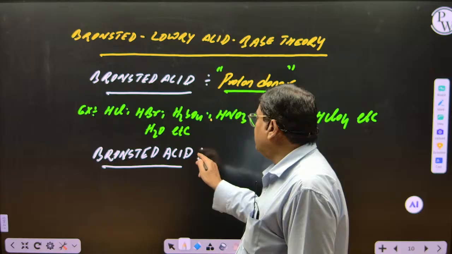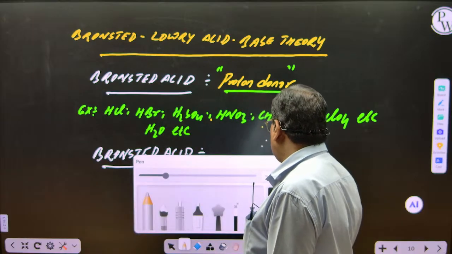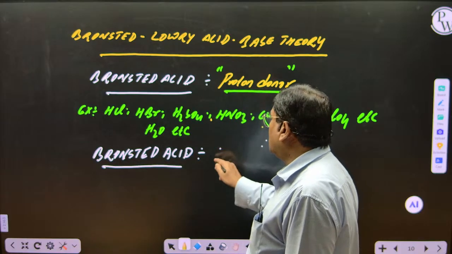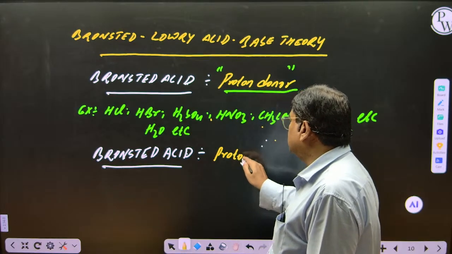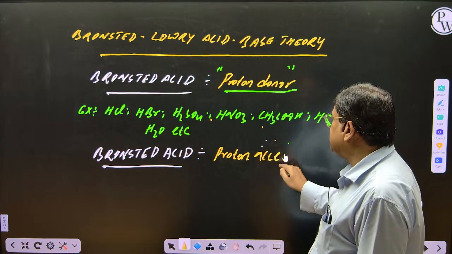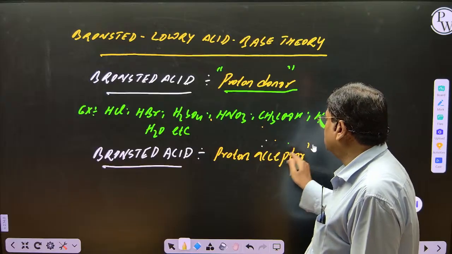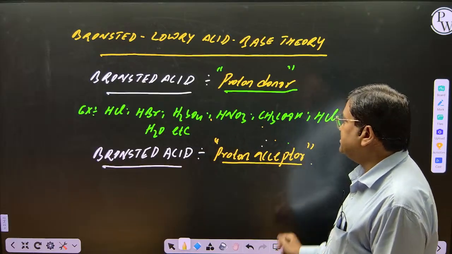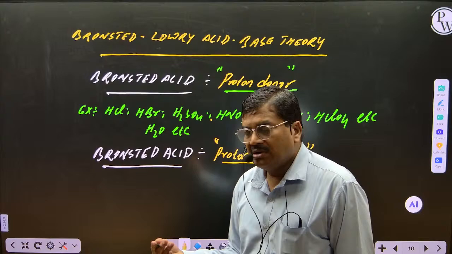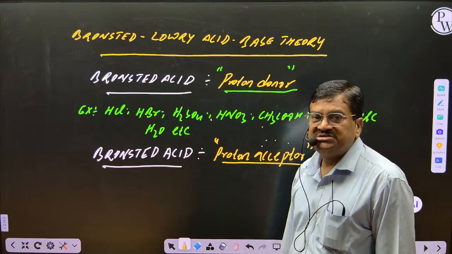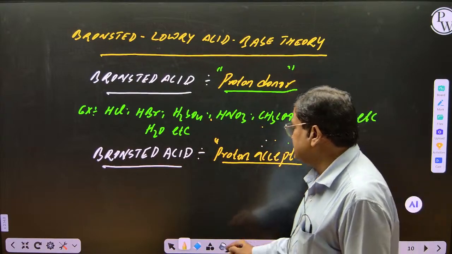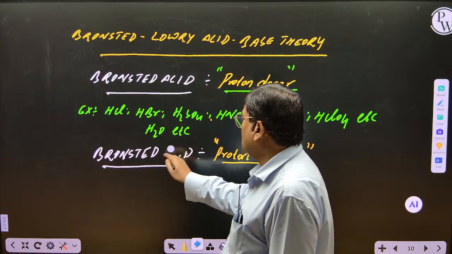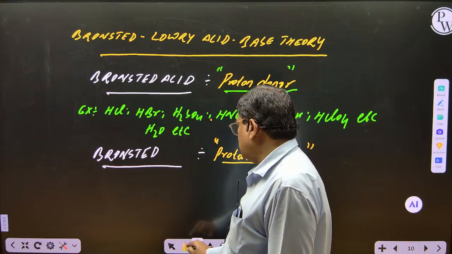So in one word, we define Bronsted base as proton acceptor. That means substances that accept proton from another substance are called proton acceptors, Bronsted base. I wrote acid here, it is Bronsted base.